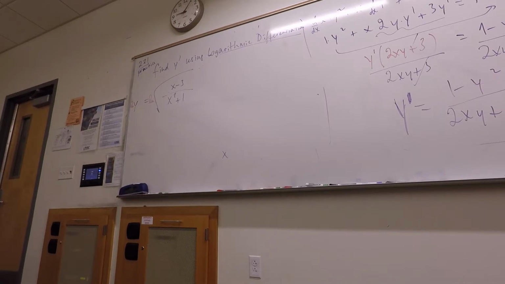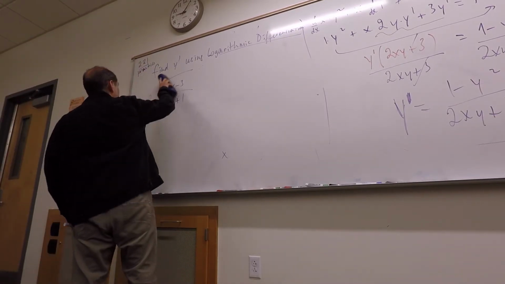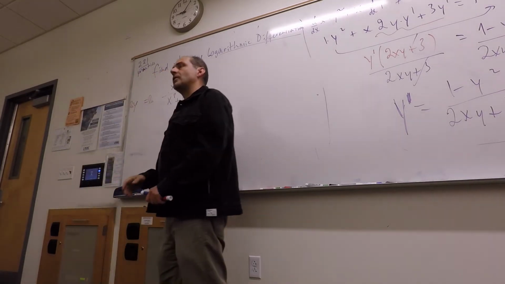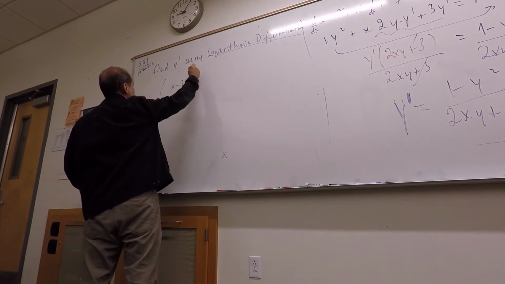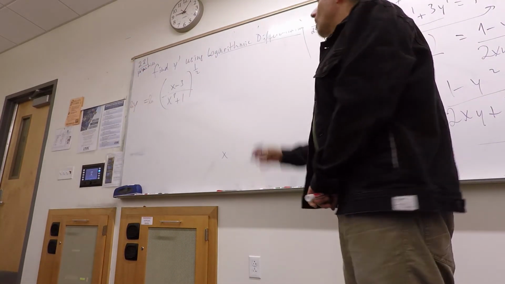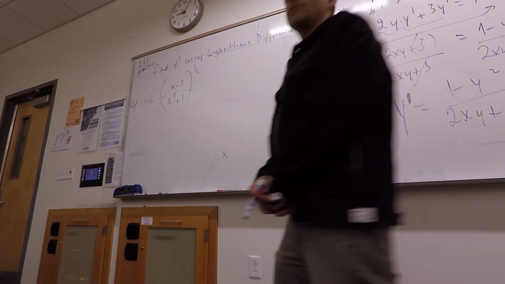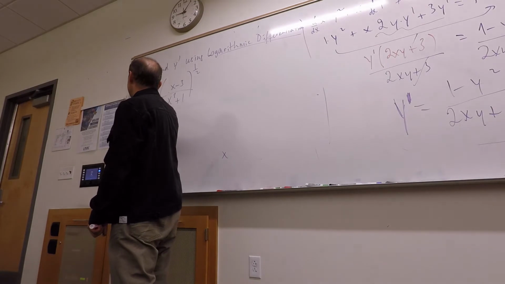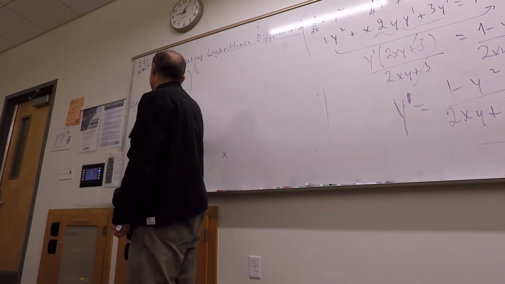To apply the rule, I change the radical to the 1/2 power, and the power moves outside. So this becomes 1/2 times ln.